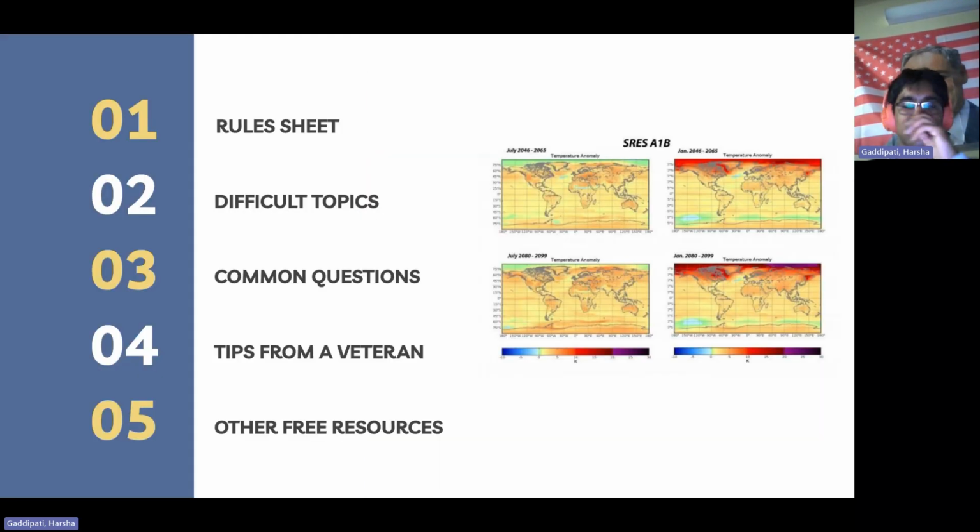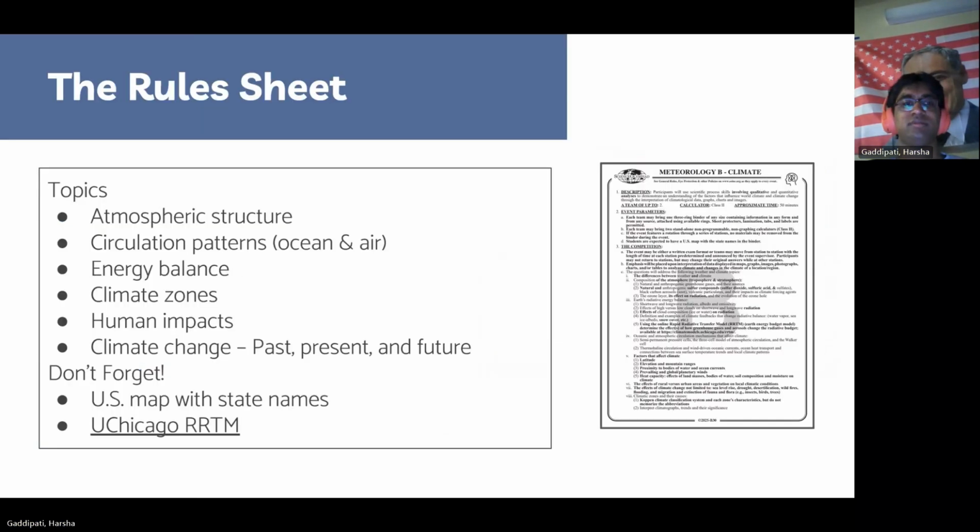Let's get started. Just a quick rundown: we're going to go through the rules sheet, difficult topics, common questions, tips from Reddit, and some other free resources. On the rules sheet, the key topics are atmospheric structure, circulation patterns for ocean and air, energy balance, climate zones, human impacts, then climate change, both past, present, and future, and also a US map of state names, and then the RTM, or the rapid radiative transfer model.